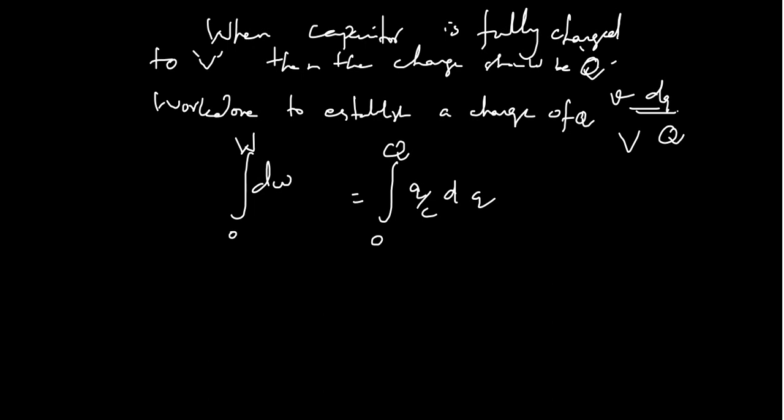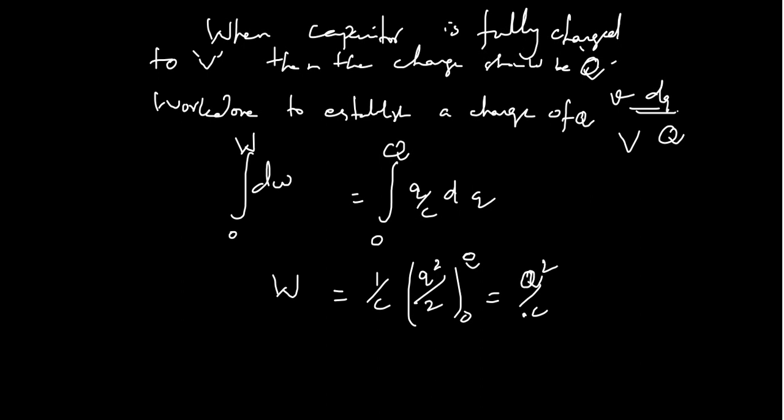Now you can write W is equal to 1 by C times Q square by 2, from 0 to Q. That is equal to Q square by 2C. This can again be written as Q into Q by 2C.